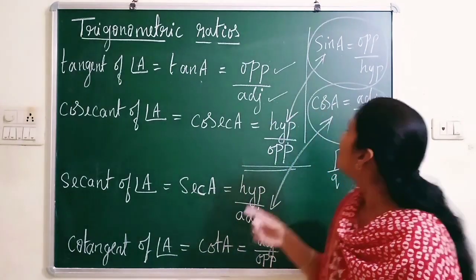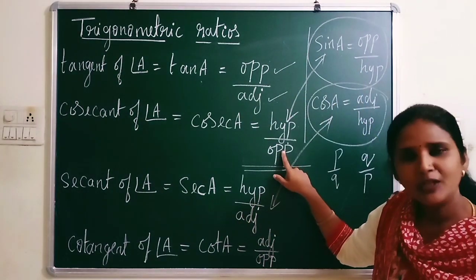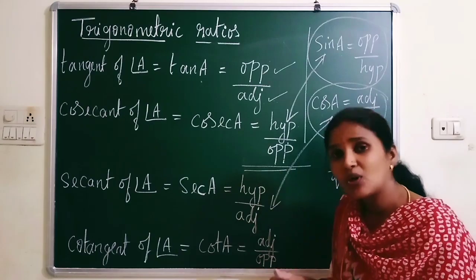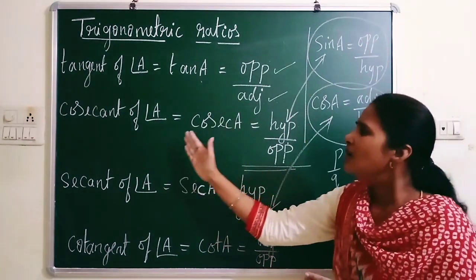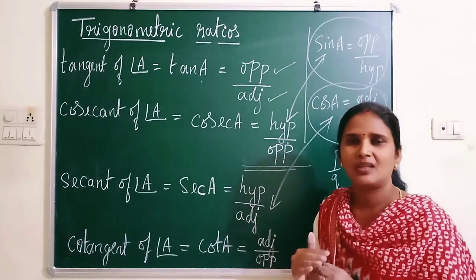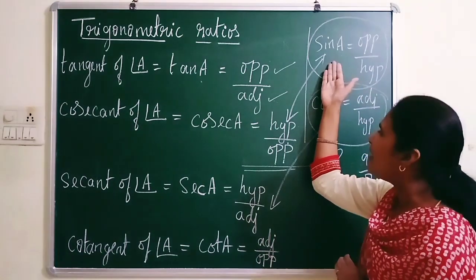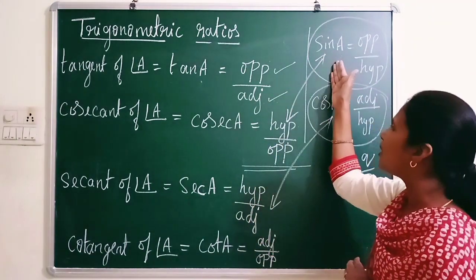You can see here the sine and cosec are reciprocals to each other. Why? Because sine is opposite by hypotenuse, cosec is hypotenuse by opposite. So these are reverse to each other. That's why we say sine is a reciprocal of cosec and cosec is a reciprocal of sine.